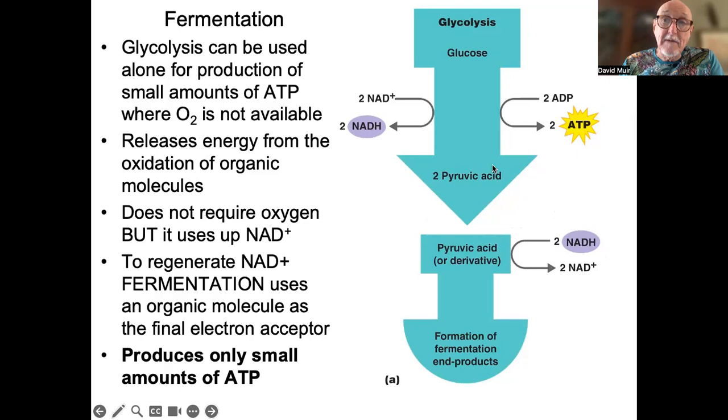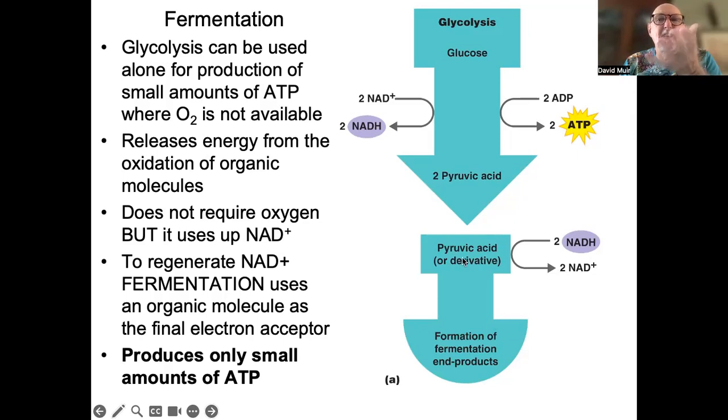So our end product of glycolysis was 2 molecules of pyruvic acid. And the end products of glycolysis can now be used to produce NAD plus if we take NADH and use that hydrogen to reduce the pyruvic acid, or something that has been derived from pyruvic acid.